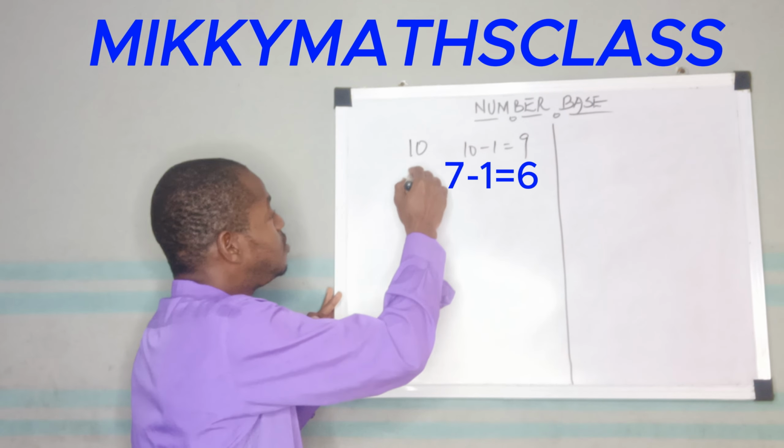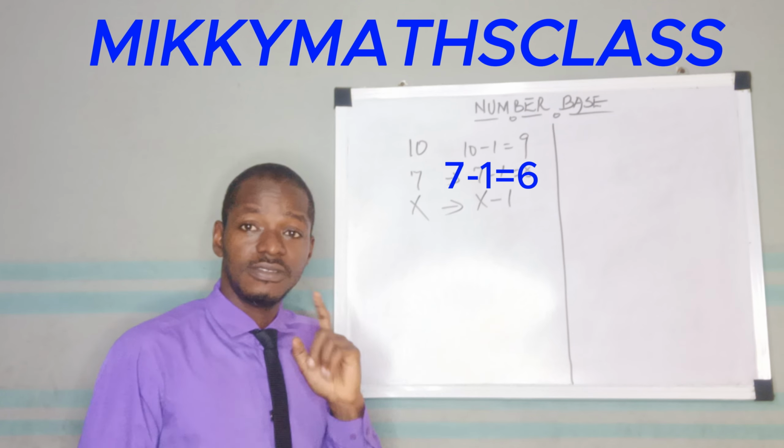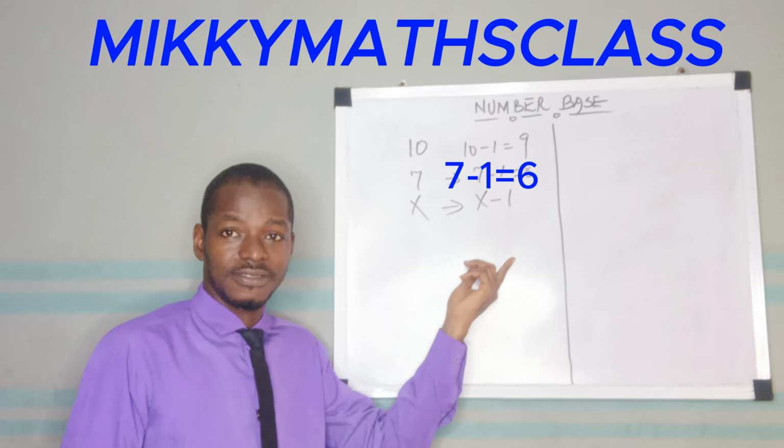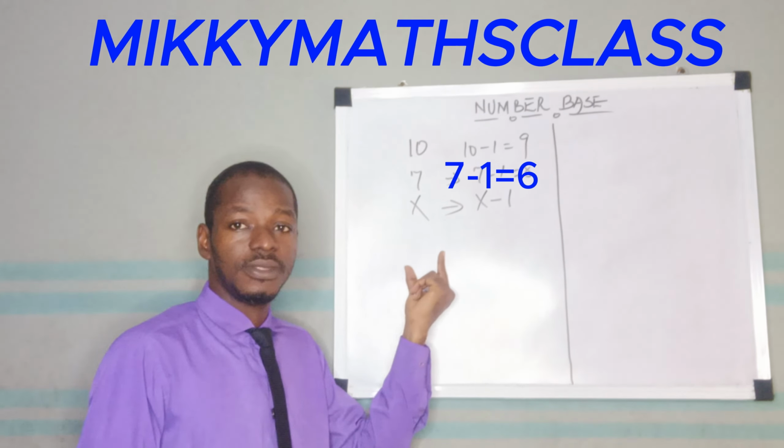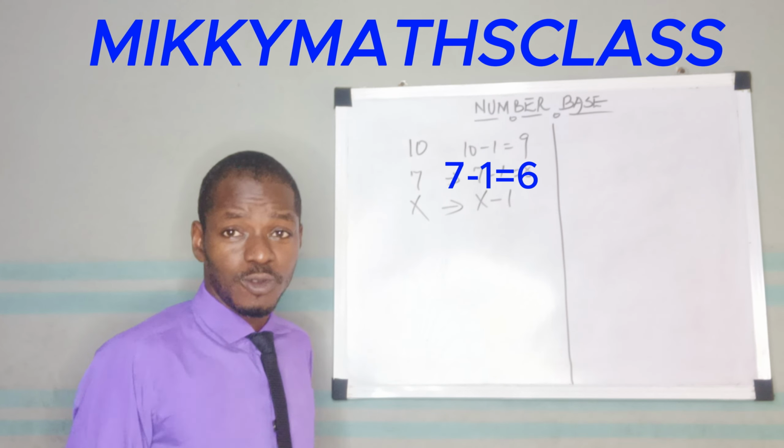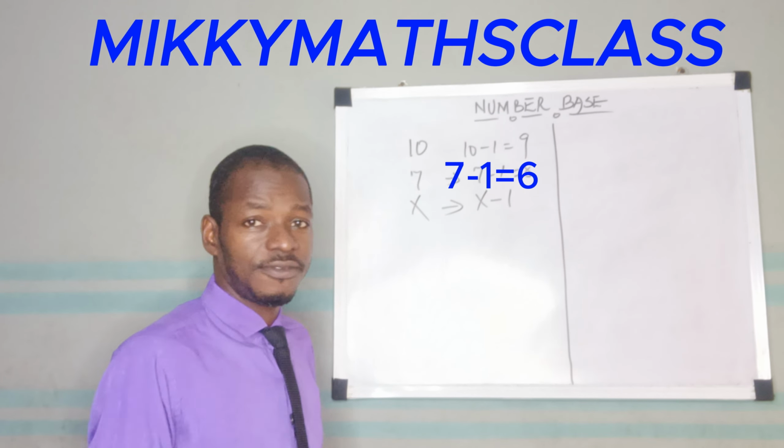So if I'm in base X, the highest digit I can ever get is X minus 1. Now let's look at writing numbers in expanded form.